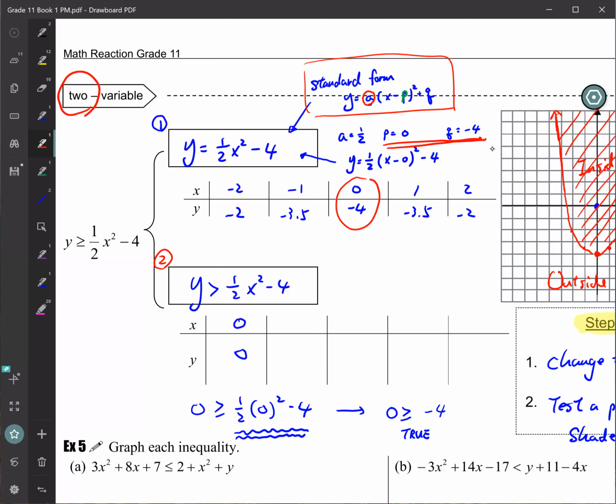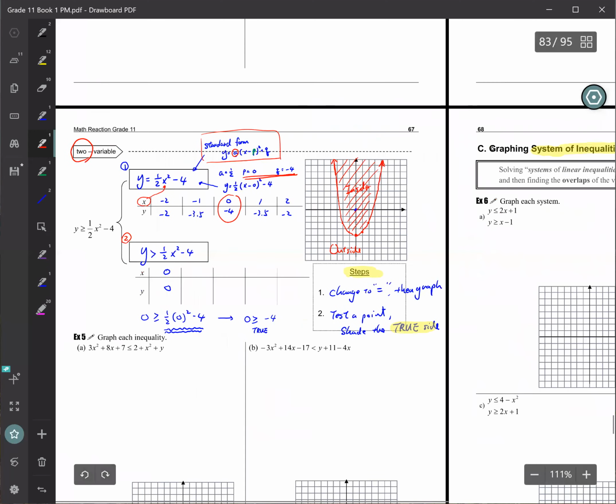Once you get the PQ, you just plug points on the left side and right side. Take all the X values and plug into the equation to find the Y values.